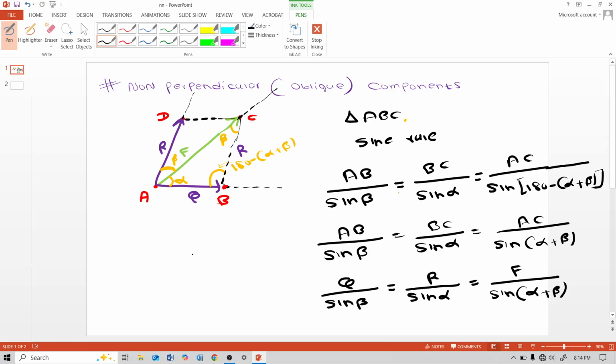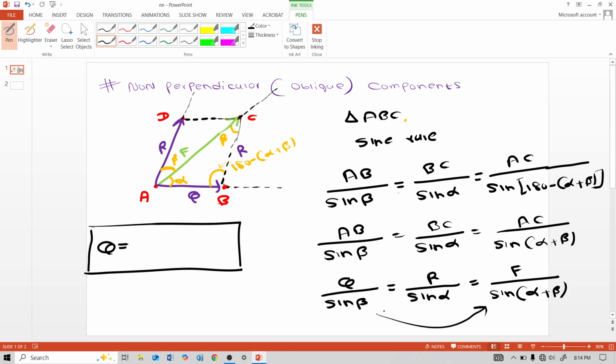Comparing these, Q is equal to F into sine beta upon sine of (alpha plus beta).